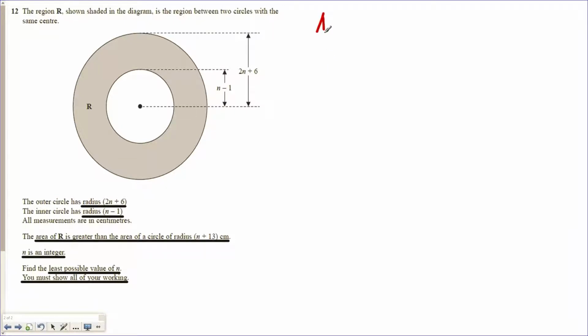We have area of R is greater than, so we have an inequality sign, the area of a circle. I know and you know that the area of a circle can be found by using the formula pi r squared.